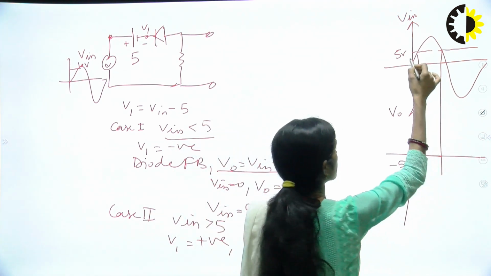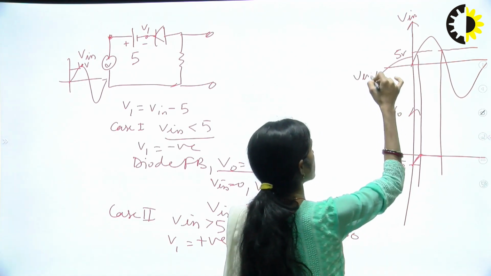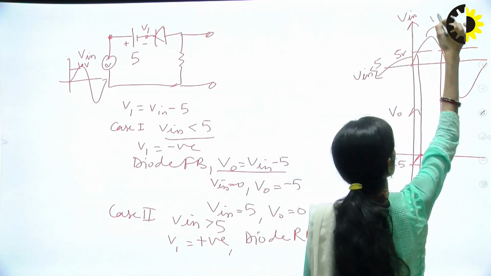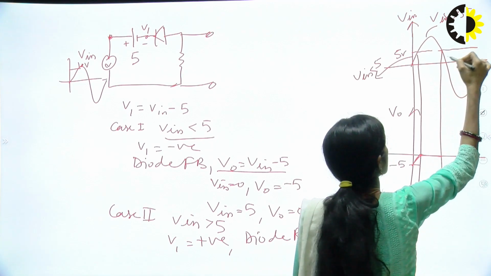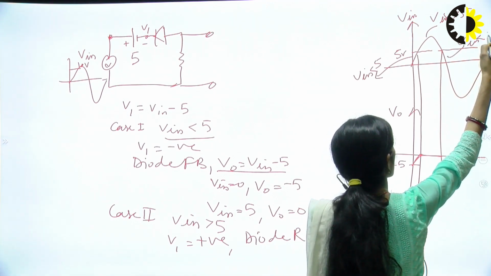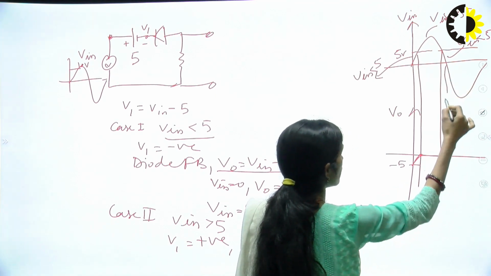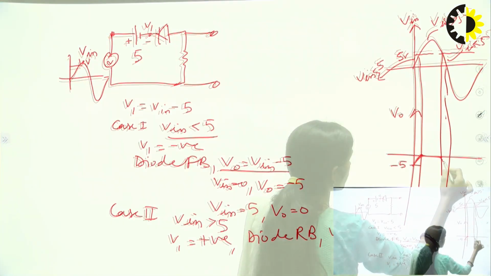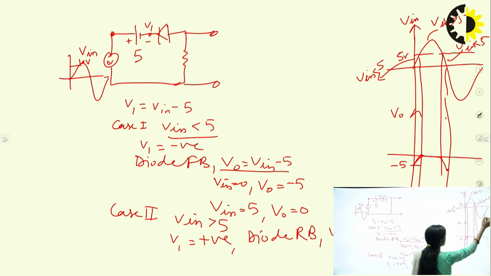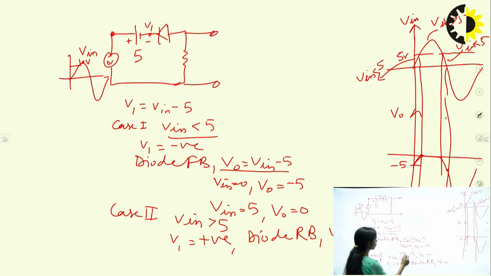Again, this is the same case, that is Vin less than 5, and this is Vin greater than 5. If Vin less than 5 occurs, then the same situation is going to happen here. In this case also, I have the output obtained, and for the negative cycle also, I will get the same output. But the only difference is, for the negative peak, what will be the output here?